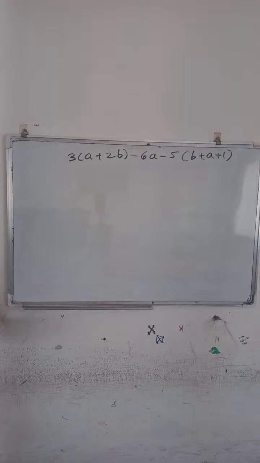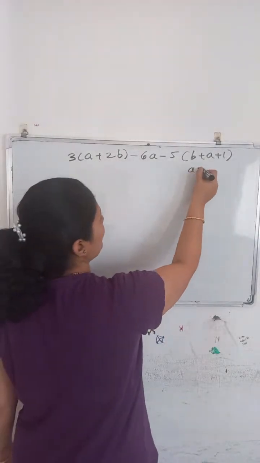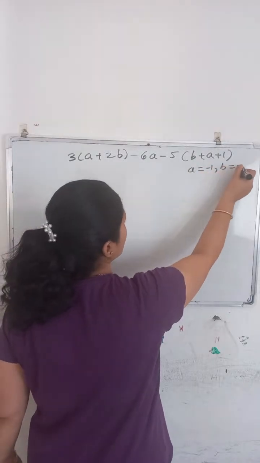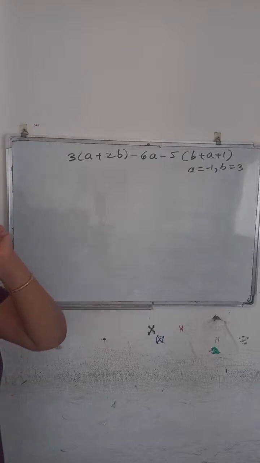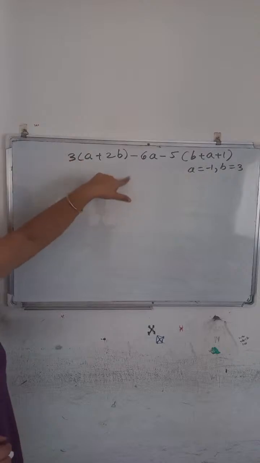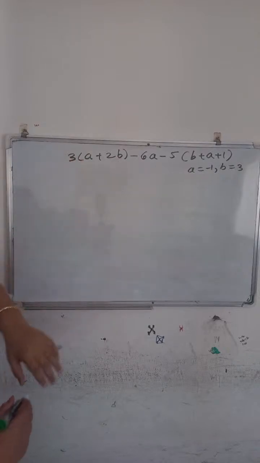Here they are asking us to put the value a is minus 1 and b is equal to 3. Some kids simply put the values for a and b and calculate the answer. Maybe your answer will be correct, but the examiner will not give the marks. Why? Because the statement used is simplify. So first you have to simplify, then solve, and then put the values.